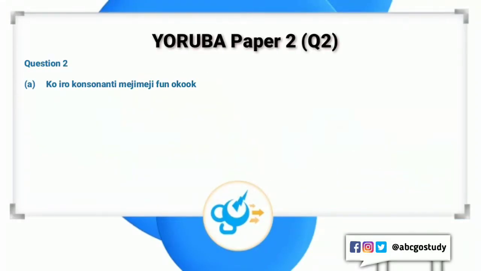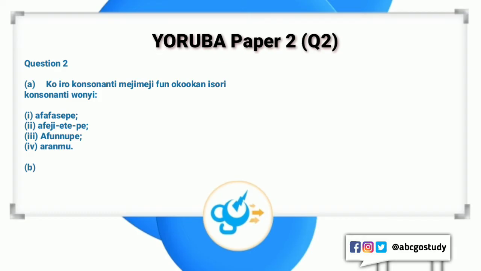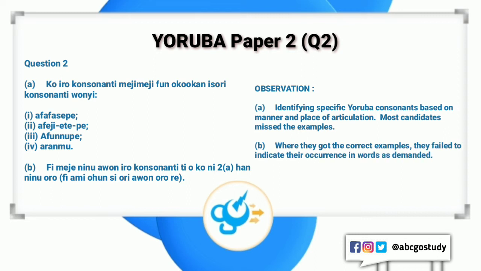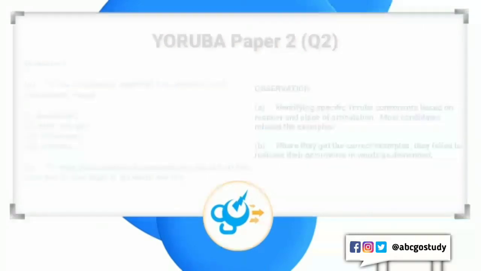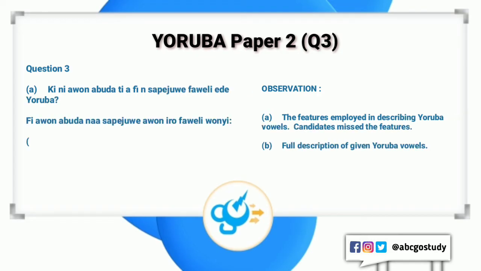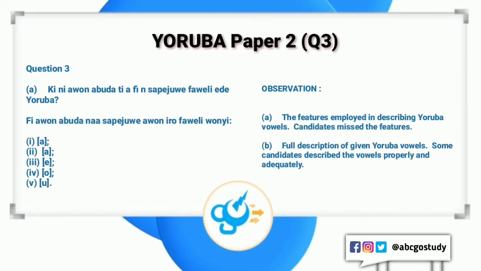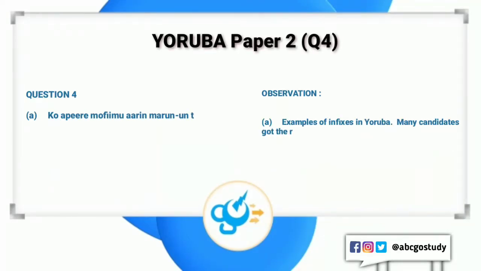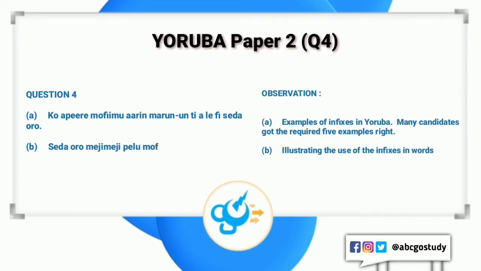From question number 2, you would see these very questions. Look at the observation of WAEC and the general comments on that question. Question 3 as well: look at the question, the general observation of WAEC, and the comments. Question 4: look at the question, the general observation, and their comments.